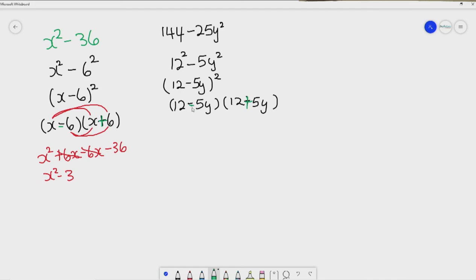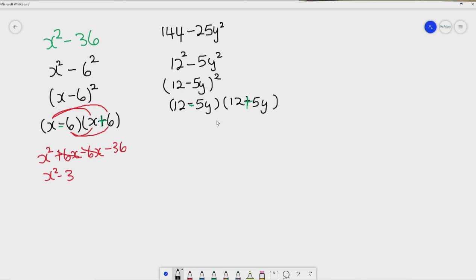You can try putting subtraction signs in both brackets and multiplying them and see what you're going to get. So 144 minus 25y squared, when we factorize it using the difference of two squares, we get 12 minus 5y and 12 plus 5y.